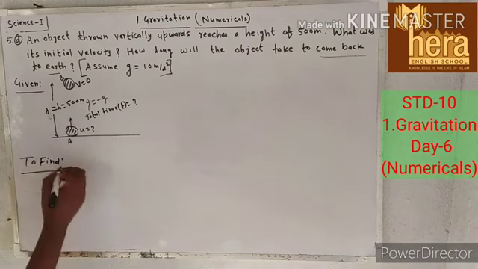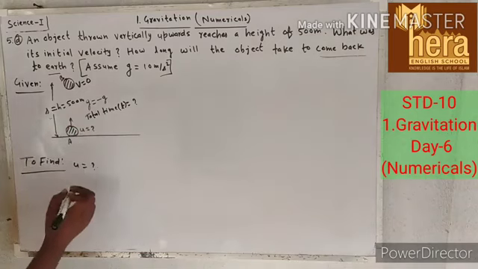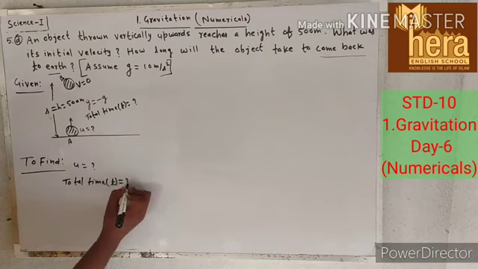To find: u is equal to question mark and total time t is equal to question mark.